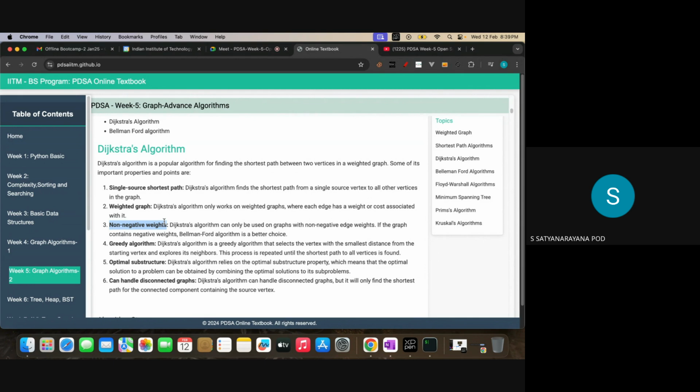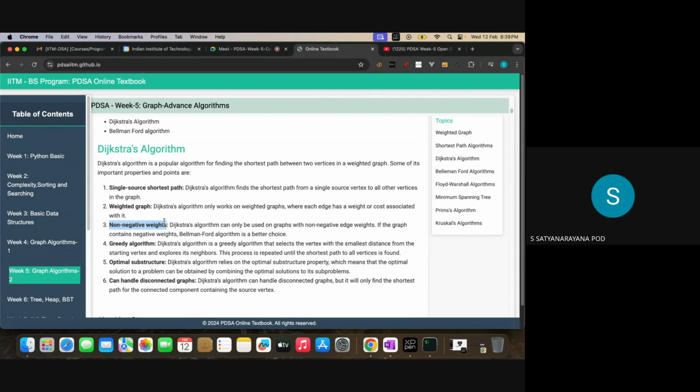Now, it works on the greedy algorithm. The greedy algorithm is simple. It always chooses, from the current vertex, the neighbor or adjacent vertex which has the smallest distance. For example, from the 0th vertex to the first vertex the weight is 2, and from the 0th vertex to the second vertex the weight is 1.